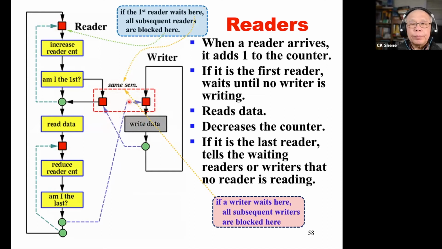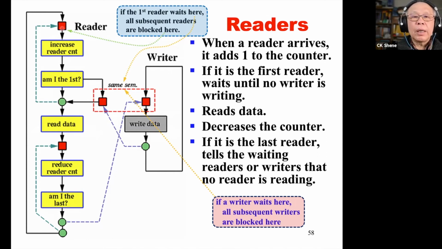Then, as we mentioned, this semaphore is used to block if there is a writer writing. This semaphore is used to block the first reader and all subsequent readers. They are blocked here. Now let's see why.